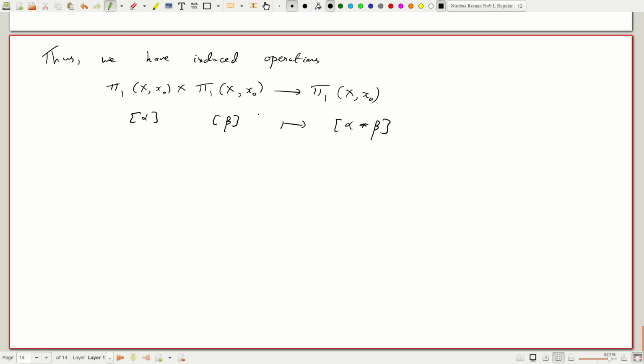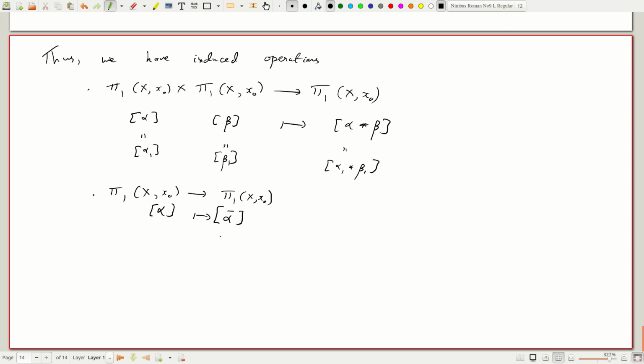So the point of the previous result is if I have any other element, suppose this was equal to the equivalence class of say alpha 1, and if this was equal to the equivalence class of beta 1, then this would be equal to the equivalence class of alpha 1 star beta 1, because we just showed that alpha 1 star beta 1 is homotopic to alpha star beta, and hence their equivalence classes are the same. And we also have an operation from pi1 of X, x0 to pi1 of X, x0, which will take the equivalence class of alpha to the equivalence class of its bar. And again, if I had a different element with the same equivalence class, I would get equivalent elements here.